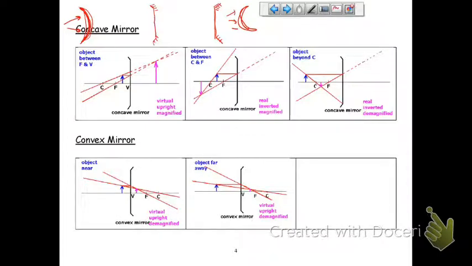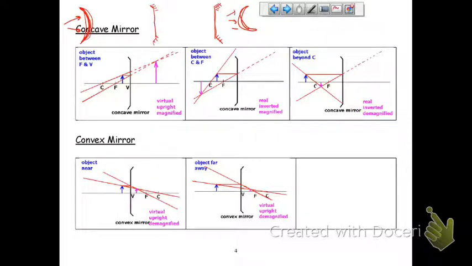So I can say, let's consider an object that's between V and F. Or let's consider an object that's between F and C. Or let's consider an object that's beyond C. And they'll all behave pretty much the same in any given class. So all the ones that are near will behave the same. All the ones that are in the intermediate distance will behave the same. And all the ones that are in the far distance will behave the same.